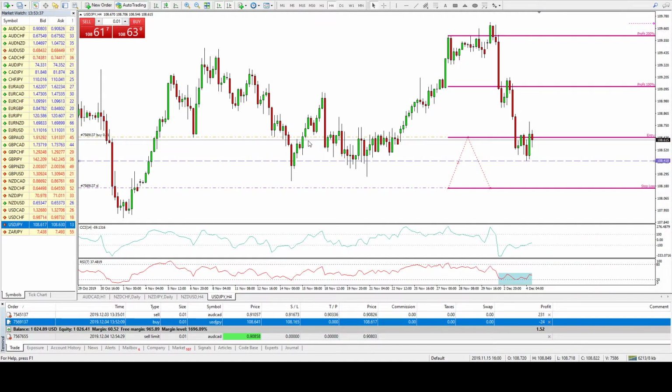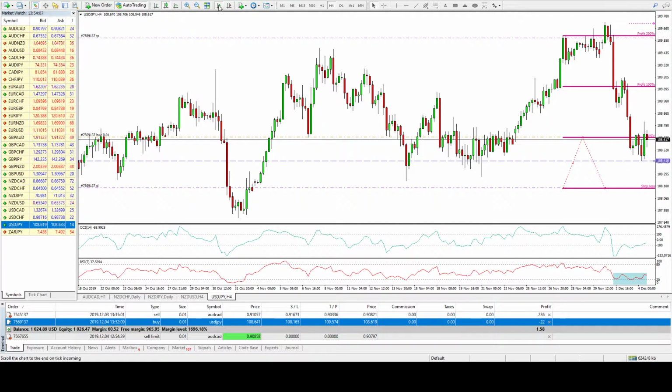So I want to capture at least 1-to-1, but my goal is 2-to-1 reward. My 2-to-1 will be at 109.57, which is actually not a bad place. I'm going to put that there.